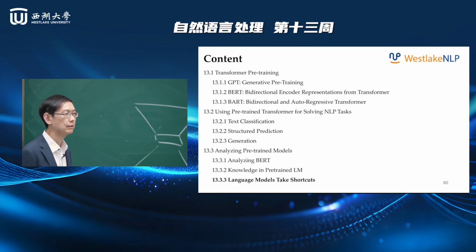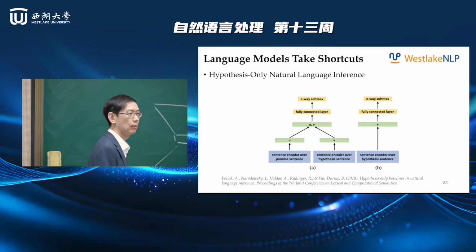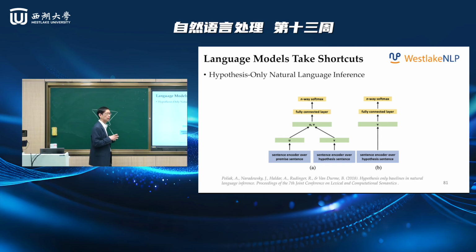So people also found some flaws in language models. I tell you one interesting flaw. Language models perform natural language inference very well. You know, you have a premise, you have a hypothesis, you predict whether the premise entails the hypothesis.